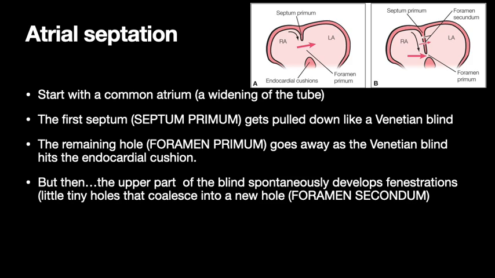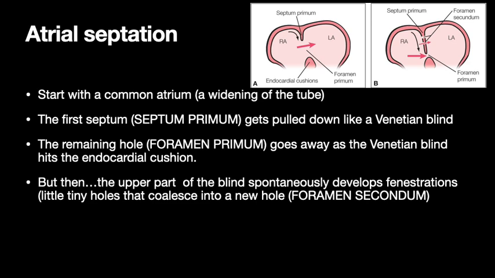There is no foramen primum at the end. Now, before that happens, before that first hole closes, what happens is the upper part of the Venetian blind starts getting little holes in it. And these tiny little holes coalesce into a new hole.